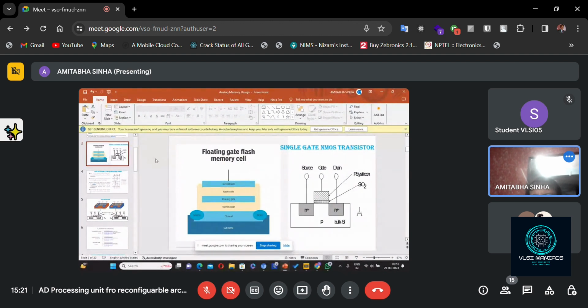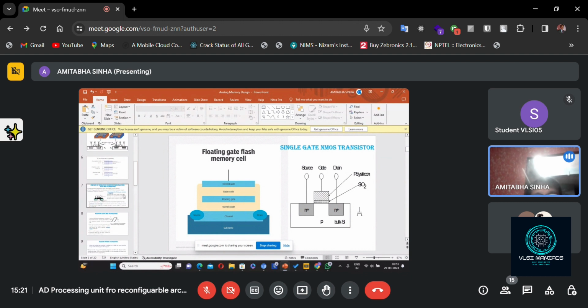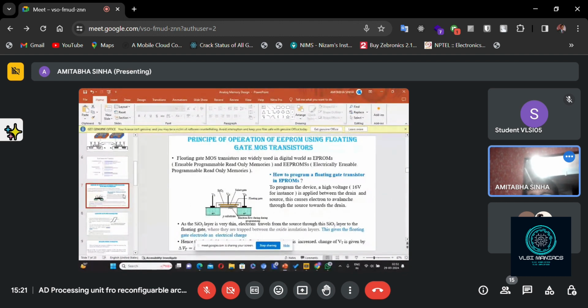This oxide layer is very, very thin. So what can happen if the layer is thin? Electrons travel from the source through the SiO2 layer to the floating gate, where they are trapped between the oxide insulation layers. This gives the floating gate electrode an electrical charge.